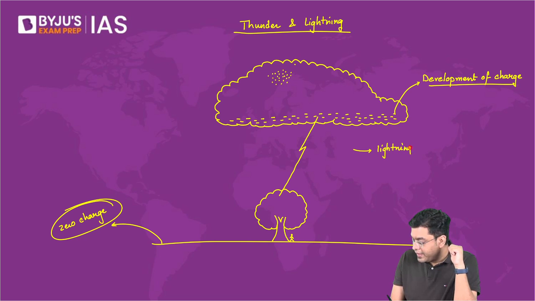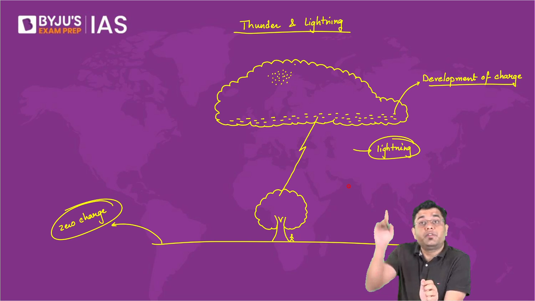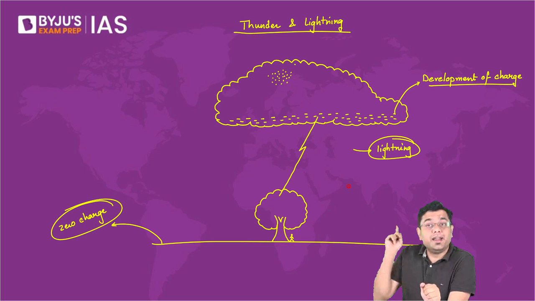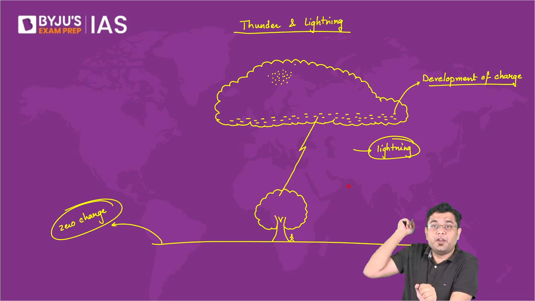Okay, now here, when we talk about this event of lightning, sometimes you would also have observed that it is not always that lightning hits the ground. Sometimes you will observe there's a lightning in the sky itself, right?